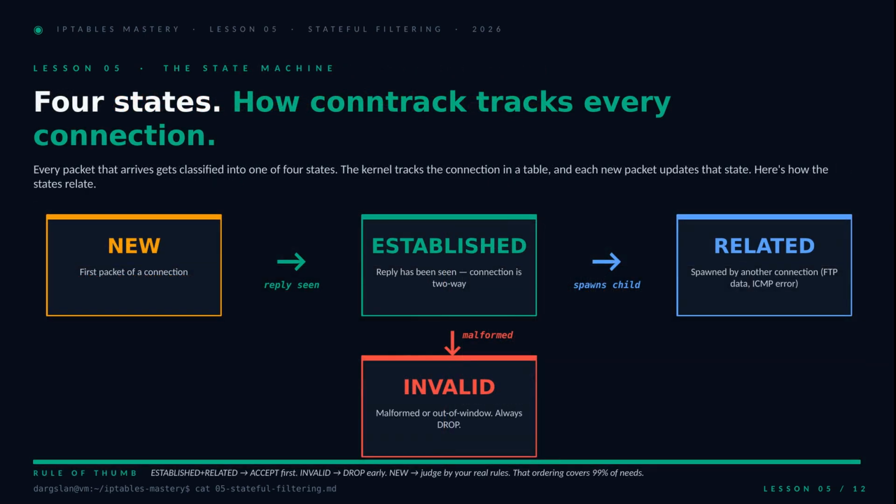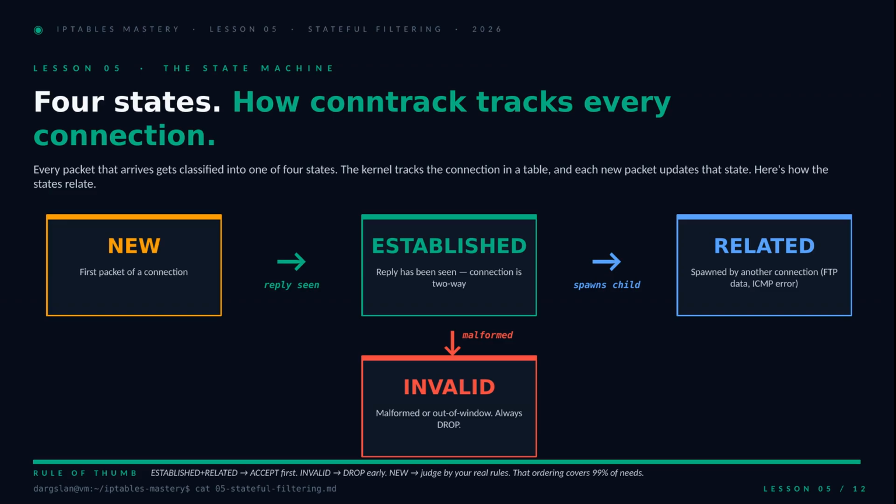So why does that 1 line work? Because the kernel is already doing the hard work for you. Conntrack puts every packet into one of 4 buckets. New is the first packet of a conversation. Established kicks in the moment a reply comes back, so the connection is now 2-way. Related is the clever one.